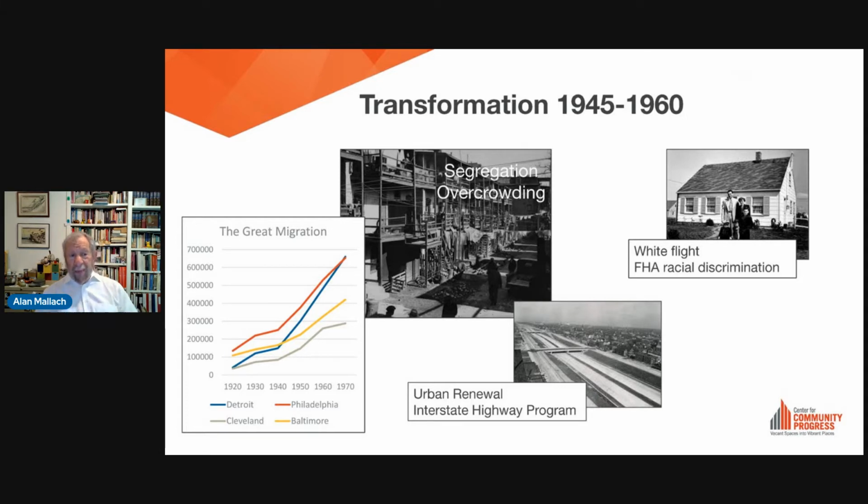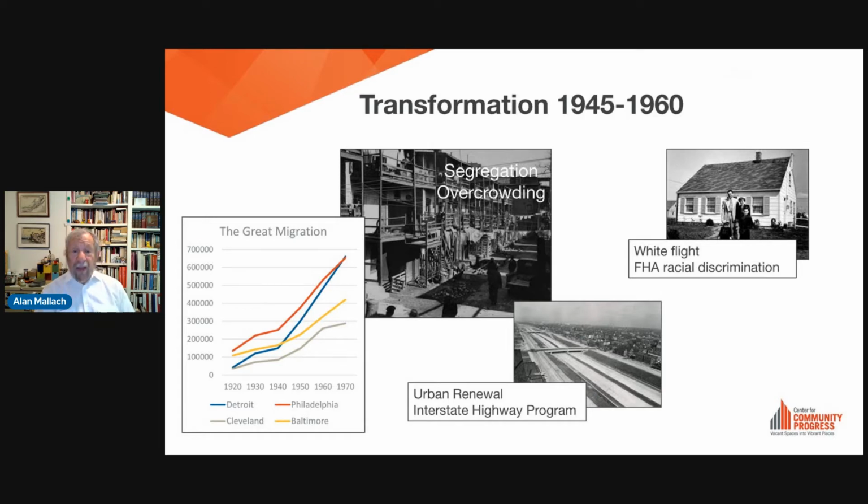Then two things happened. The big one was white flight. And millions of white families fled to the suburbs, where they moved into housing developments that were, for the most part, segregated themselves. So Black families were not given the option of moving to the suburbs.